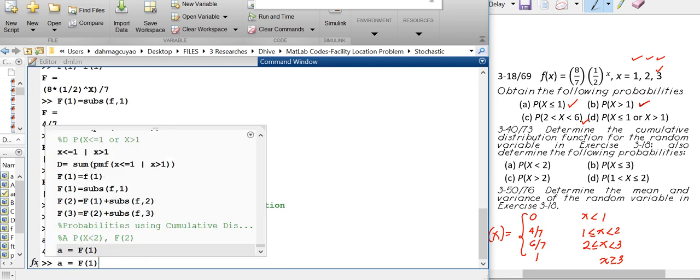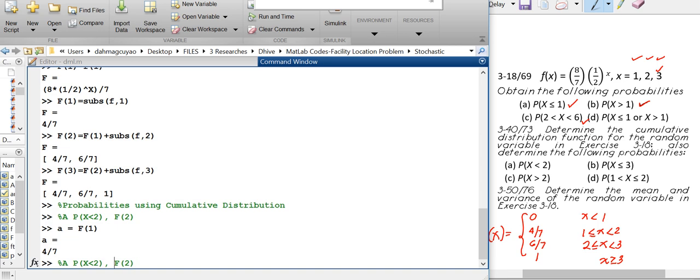For letter B, we're looking for the probability of x less than or equal to 3. Less than or equal to 3, so we use 3.